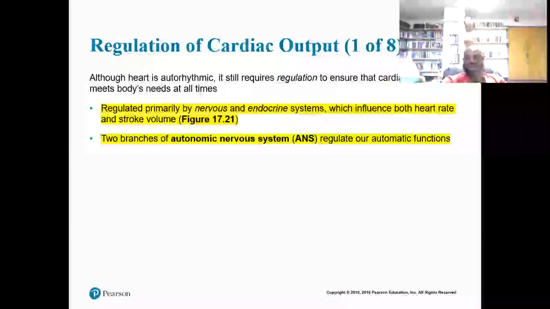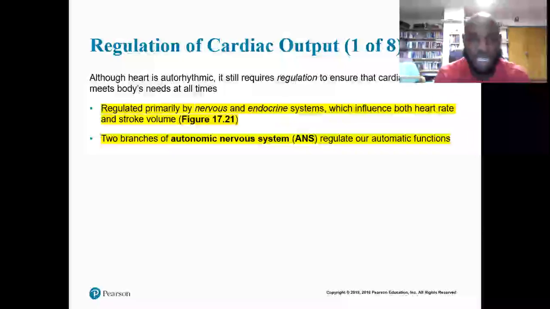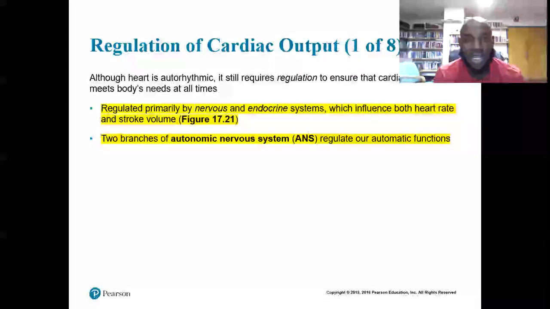Remember, you don't have to consciously think for your heart to beat. It is affected by the nervous and the endocrine systems. They can influence your heart rate and your stroke volume.